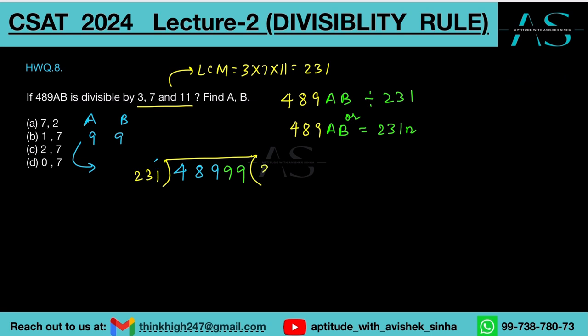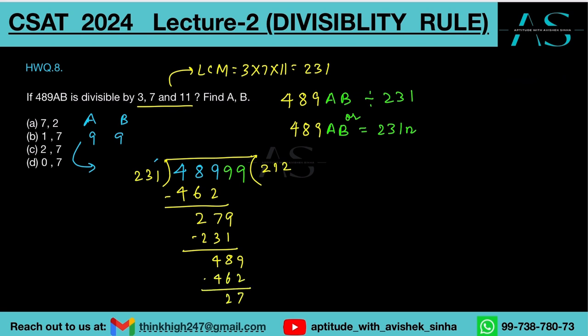So 231 2 times would be 462. So this is 7, this is 2, and the 9 goes down. One time we'll get 231, 8, 4, 489. Again 2 times we get 462. What is the difference? Let's see, 7 and 2. 27 seems to be my remainder.